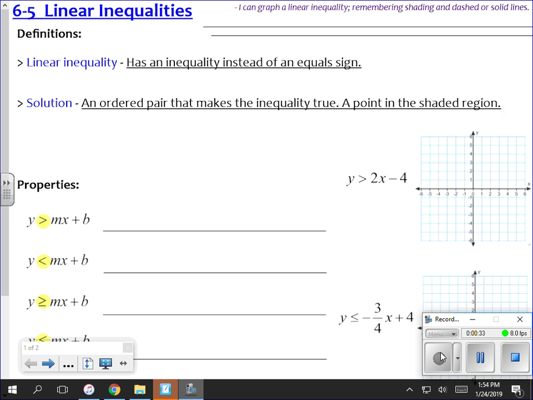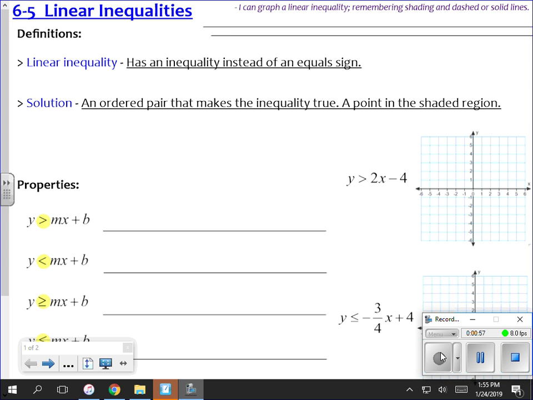And the solution, an ordered pair that makes the inequality true, so that's just one solution, a point that's in the shaded region. When you graph an equation, you get a straight line. When you graph an inequality, you get a shaded area on the graph. It's not just a line.